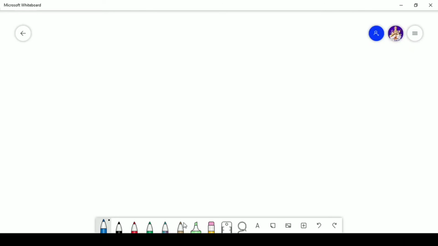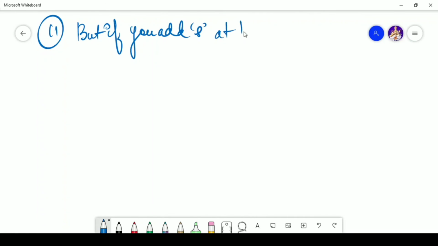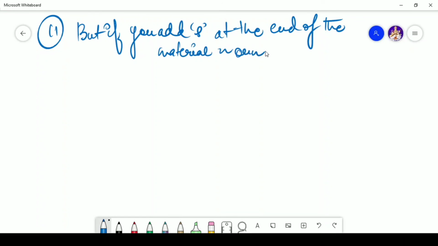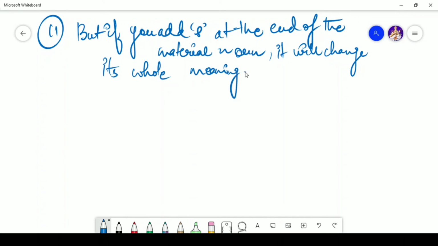It is just going to change the whole meaning.